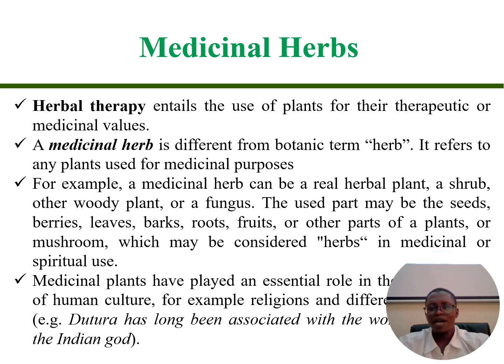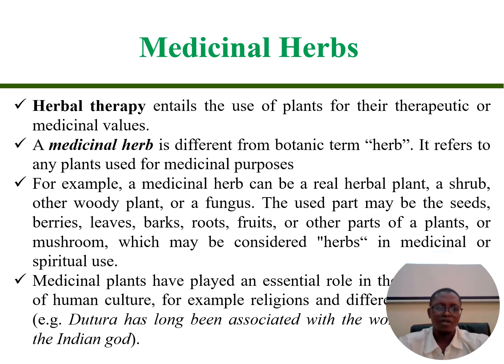And medicinal herb is quite different from herb because in botany we have herb as a habit of plants, but in medicine, when we say medicinal herb, this herb refers to plants used for medicinal purposes, and they have quite a number of therapeutic usages.